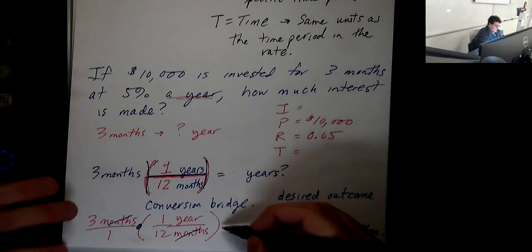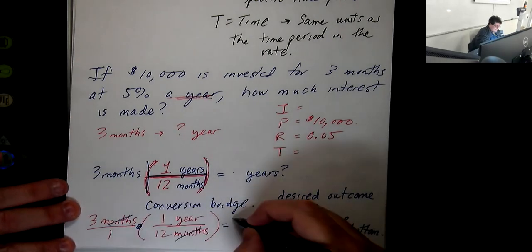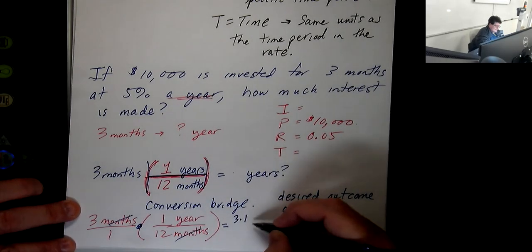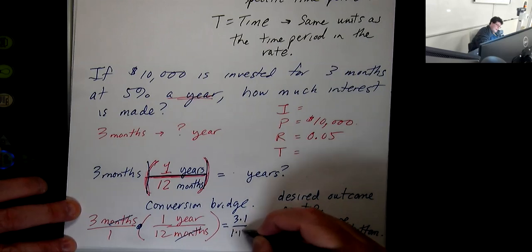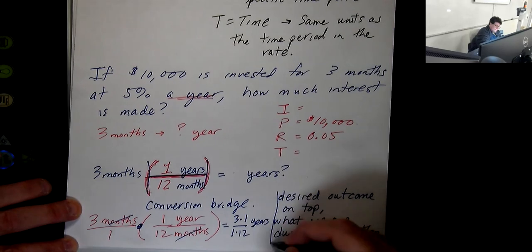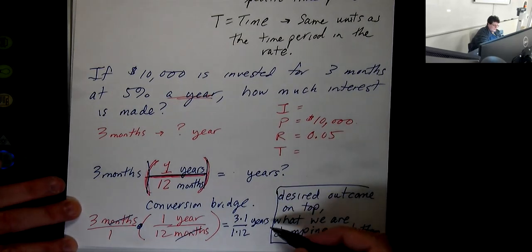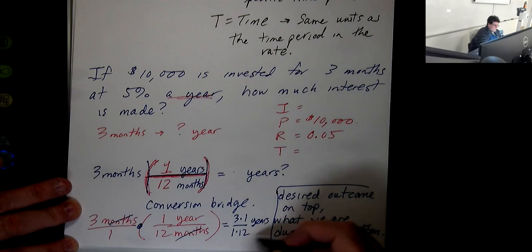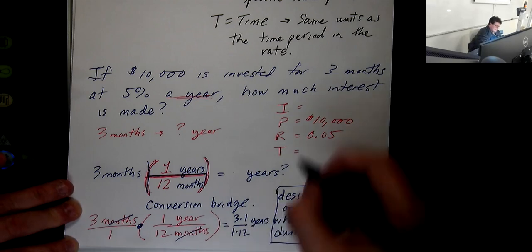So if I multiply across, I've got 3 times 1 on top, I've got 1 times 12 on bottom. And the only thing I have left is years on top. And if I can simplify this, or I can just put it in the calculator. I've got 3 divided by 12.